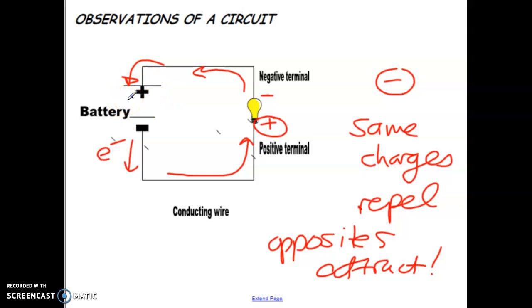So it's basically a series of repelling, attracting, repelling, attracting. Every load or component will either be repelling the electrons to come out or attracting those electrons to come in.